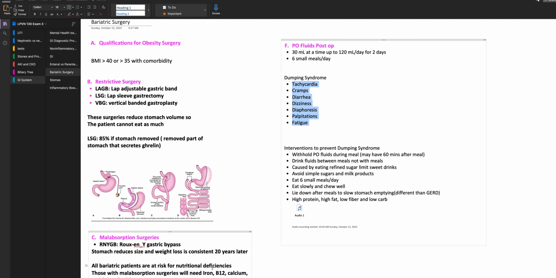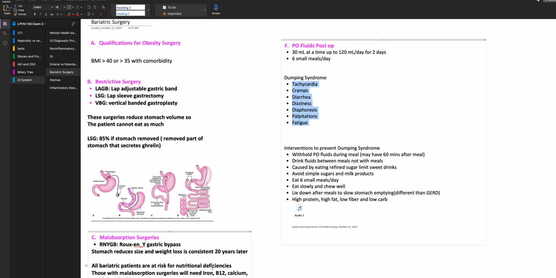So this includes lap adjustable gastric band, lap sleeve gastrectomy, vertical banded gastroplasty. There's a lot of different variations on what they can do, but basically you have to know the difference between restrictive and malabsorption.